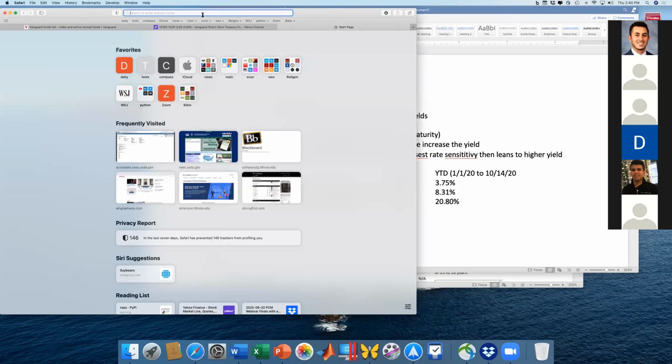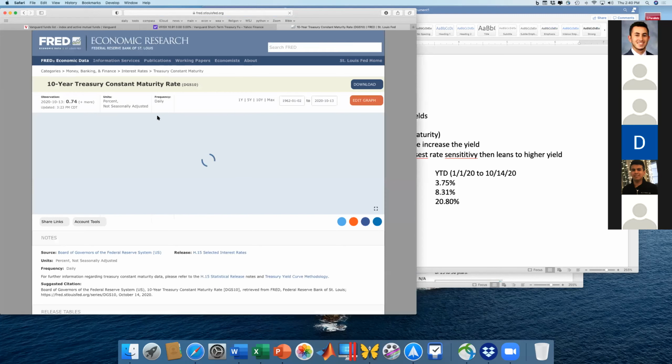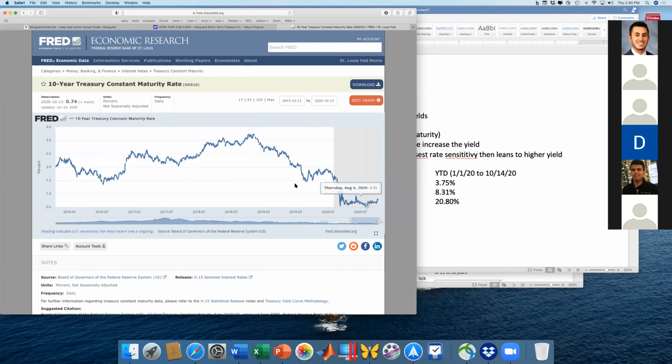And I'll just give you an illustration of that. If you look at the 10-year treasury, which you're following, here is what it's done this year. This is the last several years, but look right here, boom.